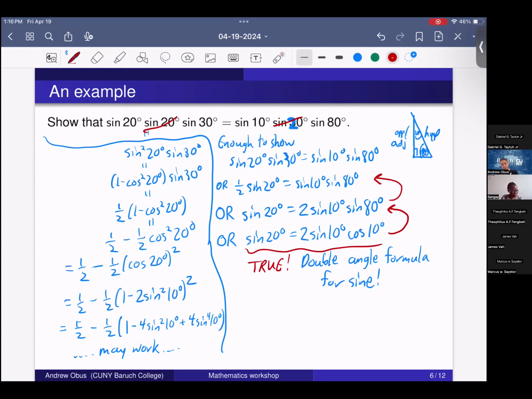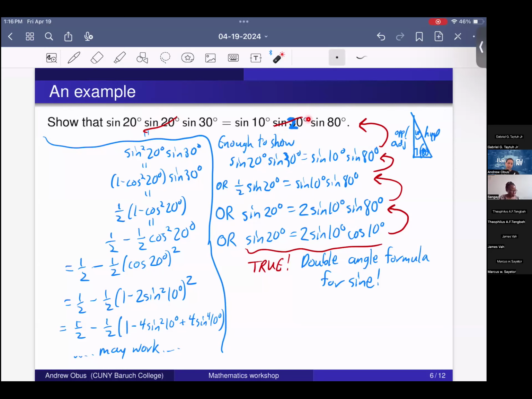Then you just observe that 1/2 is equal to sine of 30 degrees. So sine 20 sine 30 equals sine 10 sine 80. And then lastly, you multiply both sides by sine of 20 degrees in order to get back the original result. So we basically did the proof in reverse, but the quickest way to this proof is you get rid of the sine of 20 degrees, evaluate sine of 30 degrees, move it to the other side, and then with a little change you can apply this double angle formula.